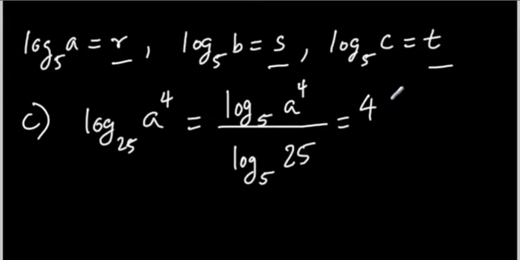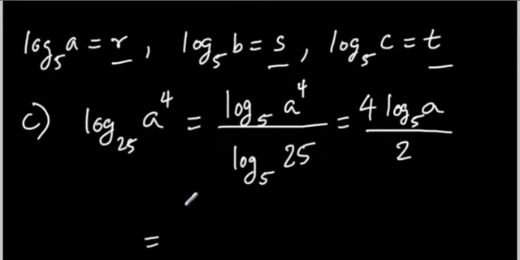So that's 4 log base 5a over log base 5 of 25. 5 to the power of 2 will give you 25, so this is 2. So this is 4r over 2, which is basically equal to 2r, and we're done.